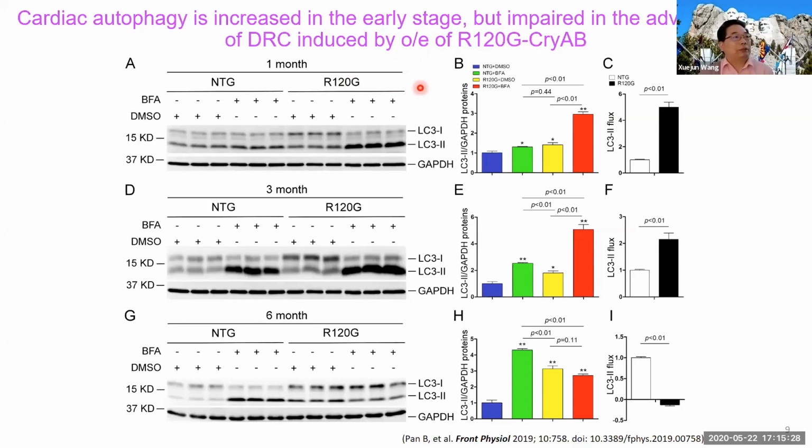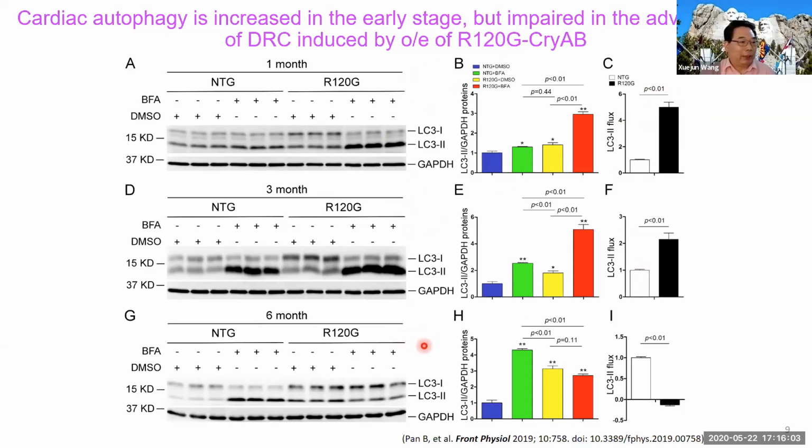In this model, we recently did a pretty comprehensive characterization of autophagic flux using the LC3-II flux. Here you can see the early stage at 1 and 3 months. At these time points, the heart function is still in the compensated stage, and you can see the autophagic flux, or LC3-II flux, is dramatically increased.